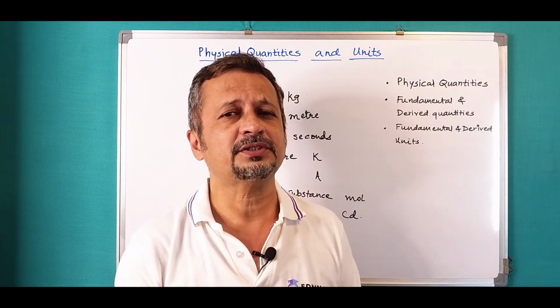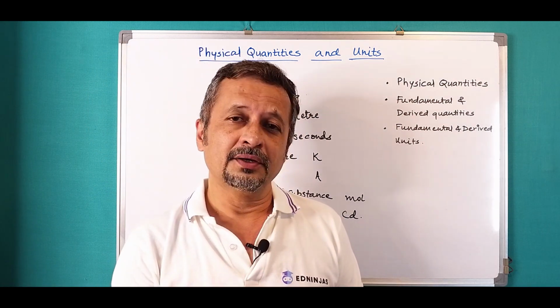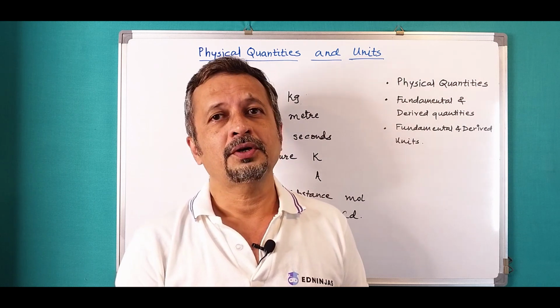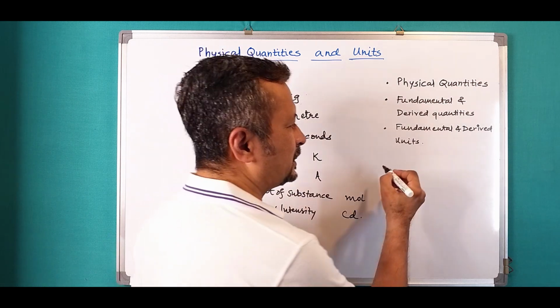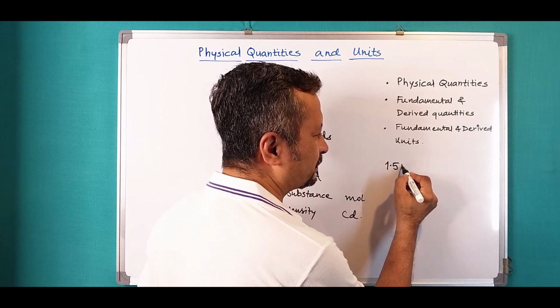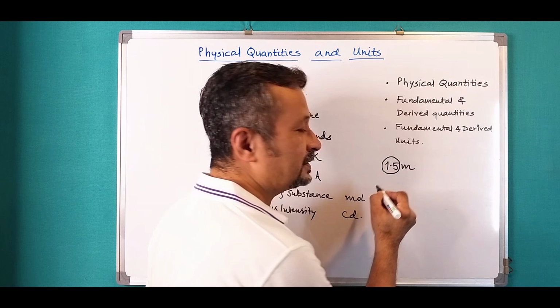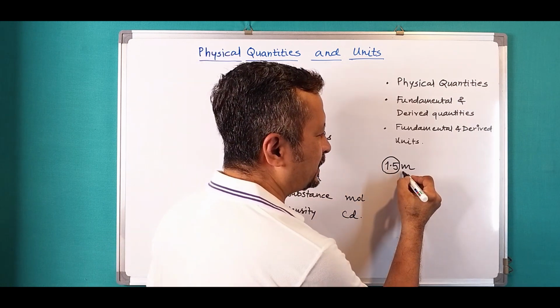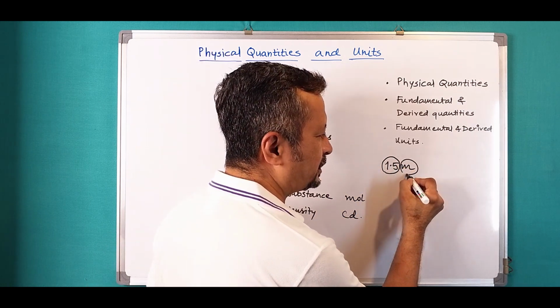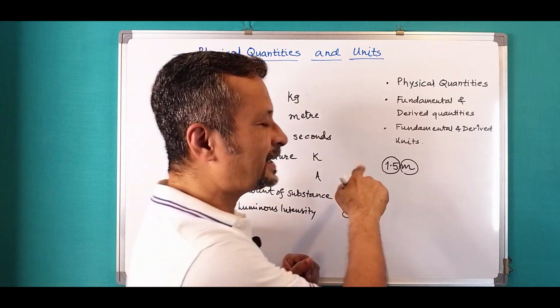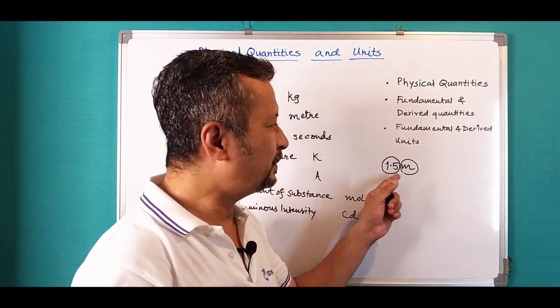Now what are these units? When I say the length of a rod is, let us say, 1.5 meter, this 1.5 is the magnitude and this meter is the unit, correct? So 1.5 is the size and meter is the unit.